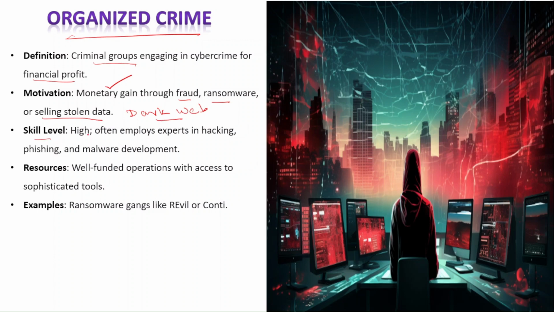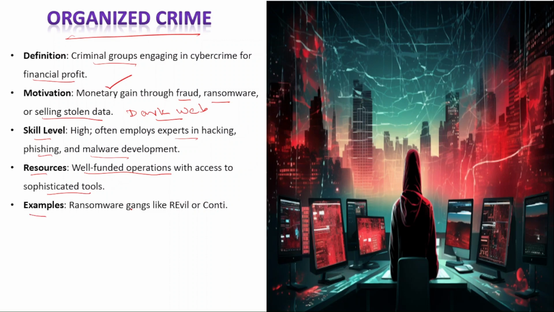So the skill level, they have a high skill level, often employing experts in hacking, phishing, and malware development. And resources: they are well funded operations with access to sophisticated tools. Since their motivation is financial gain, they invest in sophisticated tools and of course get the return.